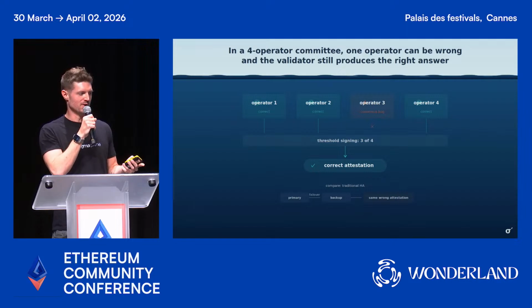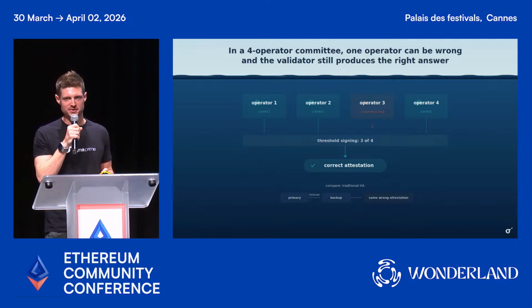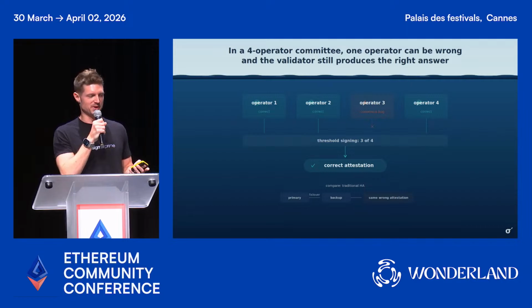A little bit more into that particular example. Let's say you have 4 operators. One could be hooked up to Lighthouse, another one Teku, another one Prysm, and Lodestar. It's possible that there is some consensus bug that one of those operators is experiencing, right?